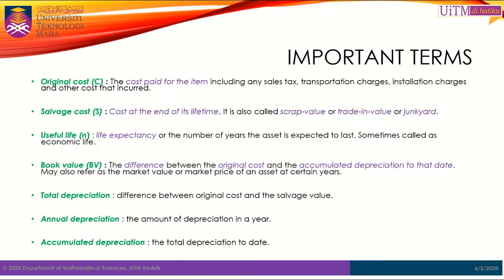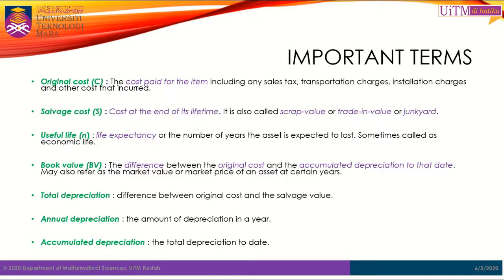Okay, so basically it just means the same thing. All right, and then we have useful life, denoted as N. So this is the estimated life expectancy, the number of years that the asset is expected to last, that the asset is expected to benefit the users. Sometimes the useful life is also called the economic life. And then the next one is the book value, and we denote it as BV.